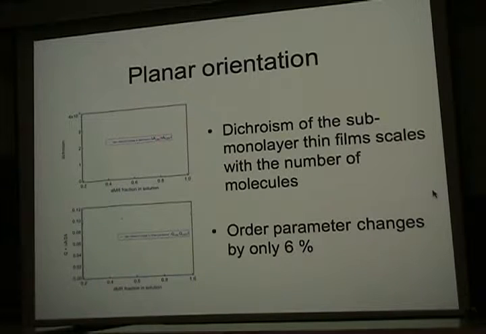The order parameter, however, normalizes that effect out for the number of molecules present on the surface, and that's pretty flat. That experimental result is kind of what you would expect. This comes from a normal incidence transmission ellipsometry experiment. That analysis was originally developed by Young Louis, who was working up here at Dahdah. So this speaks to the planar orientation of the layers as a function of surface coverage.